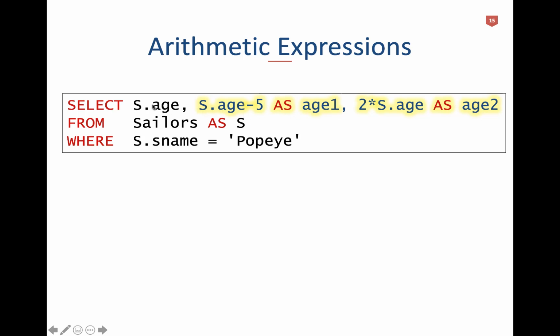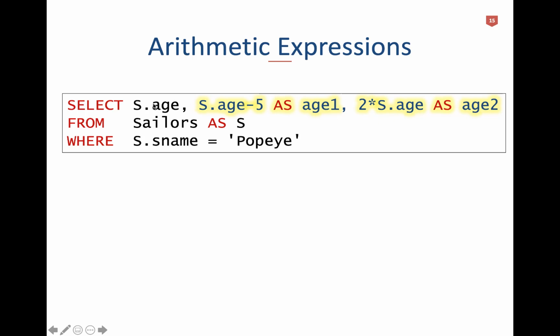The result that you will see is a table with age1 and age2, where age1 is s.age minus 5 and the age2 column is s.age times 2.